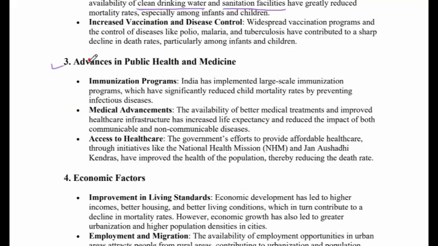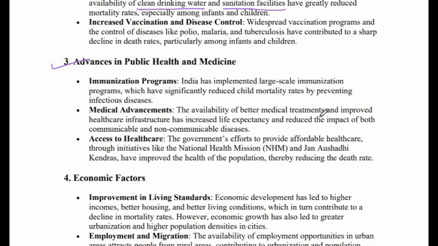Next, let's look at the advances in public health and medicine. India has implemented large-scale immunization programs, that is vaccination programs, or building up immunity of the children. This has reduced child mortality rates by preventing infectious diseases like polio, malaria, and tuberculosis.